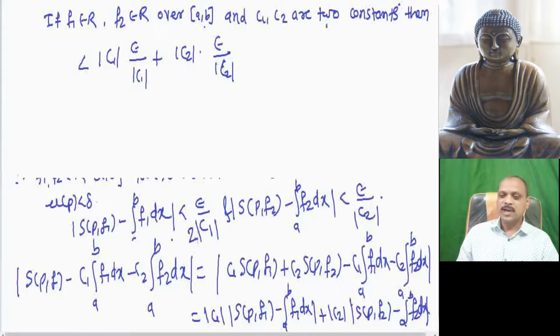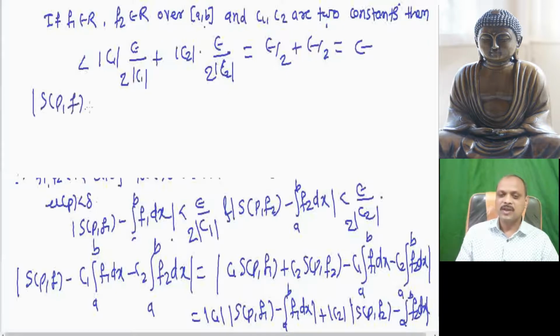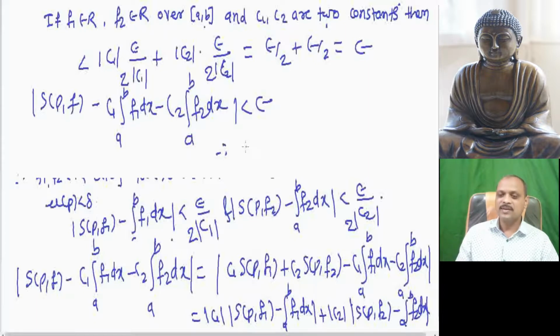Okay, so let us make it smaller. Since this function is integrable, we need epsilon here, and that is why we have taken 2 here. So this is equal to epsilon by 2 plus epsilon by 2 equal to epsilon, and that means that mod of SPF minus c1 into integration of f1 minus c2 into integration of f2 between the limit a to b is less than epsilon.